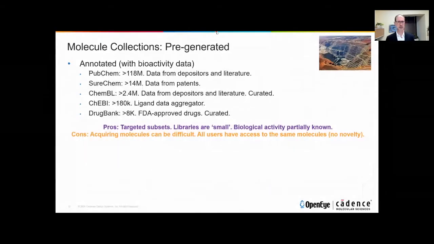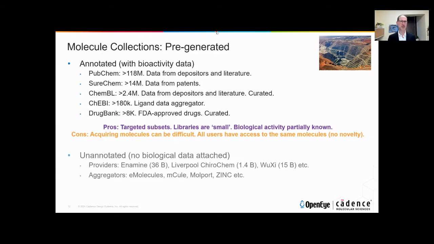There isn't necessarily a vendor who will provide you the molecule. It may have to be synthesized, so there's a lot of at-risk chemistry. And there's no inherent novelty in any of the molecules in these databases. They're all available for search to anybody who wants to search them. The novelty, the intellectual property, only comes with the application of the molecule to your target.